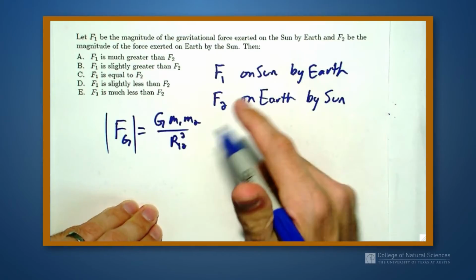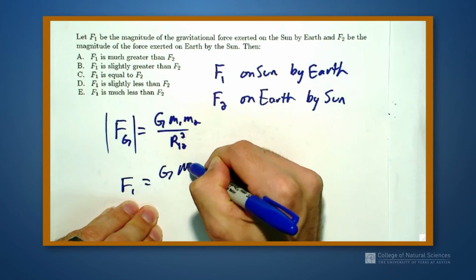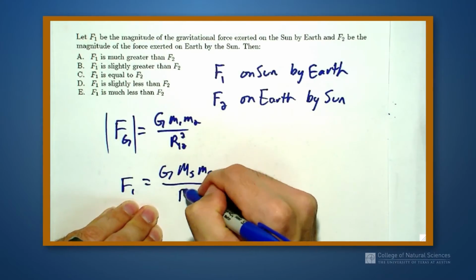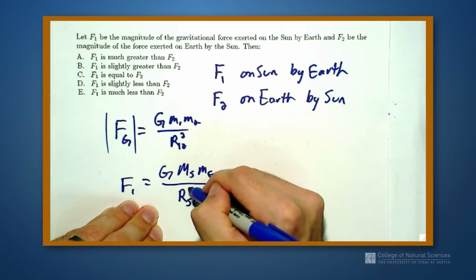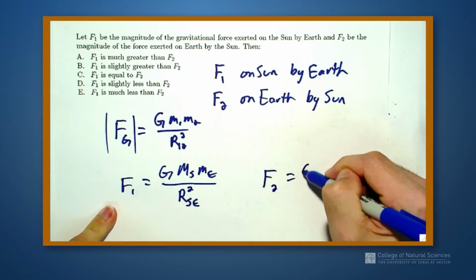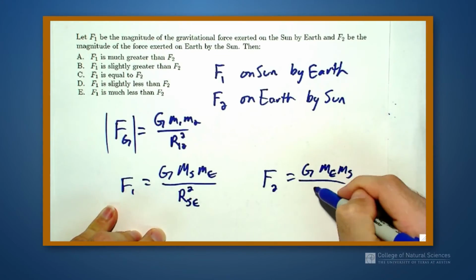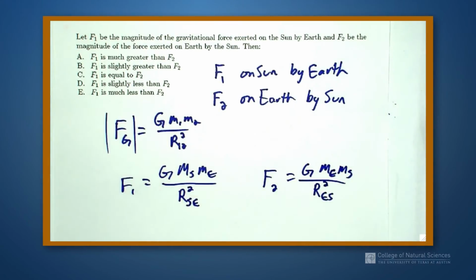If I look at this, F1 is equal to G m of the sun, mass of the Earth, over the radius from the sun to the Earth squared. And F2 is going to be G m of the Earth, mass of the sun, over the radius of the Earth to the sun distance squared.